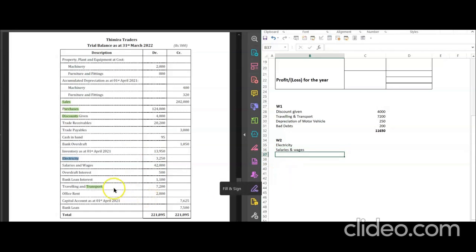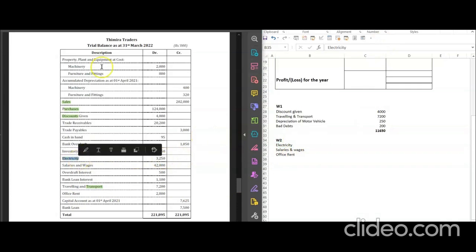Then overdraft interest, no. Bank loan, traveling, no. Office rent. Office rent is an administration expense. Now in electricity expenses we have 3,250. Salaries and wages 42,000, and office rent is 2,800.